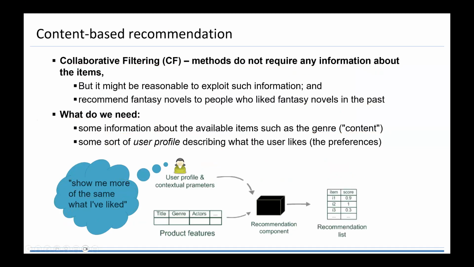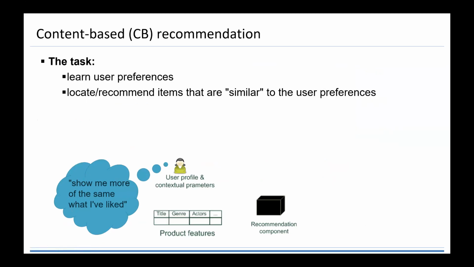So we can put the contextual parameters and the user profiles into the recommendation component, and then we can make the recommendation list. So the task is to learn the user preferences. User preferences means we have information about maybe the genre or any other item information.